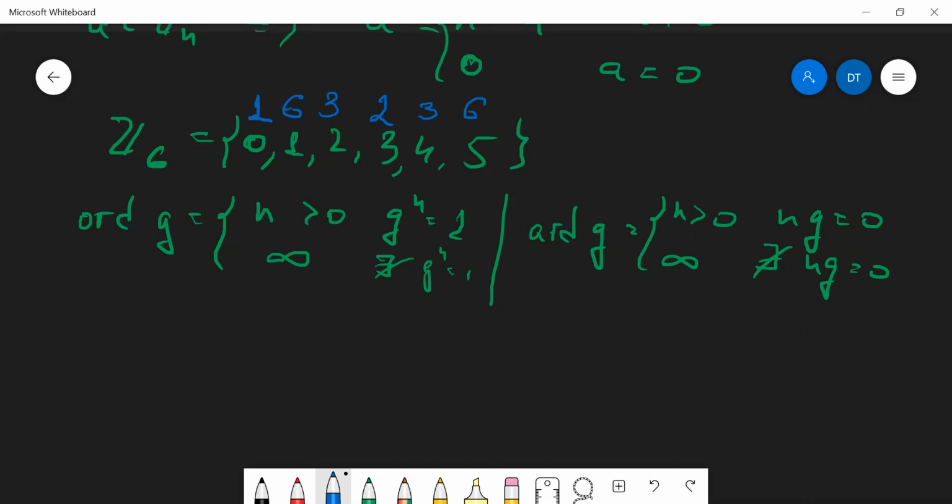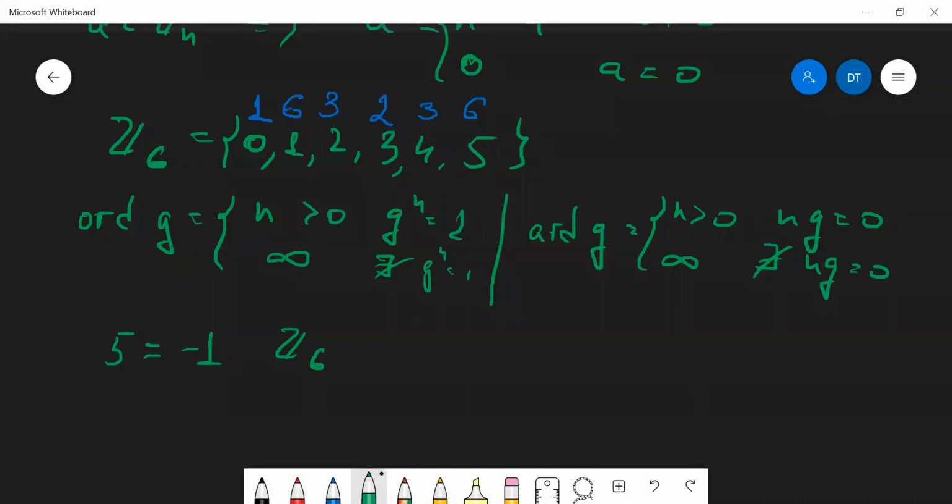Six. Okay. Just in case, I don't know how you compute that, but the way I think about this is the following. 5 is the same thing as -1 in Z6.